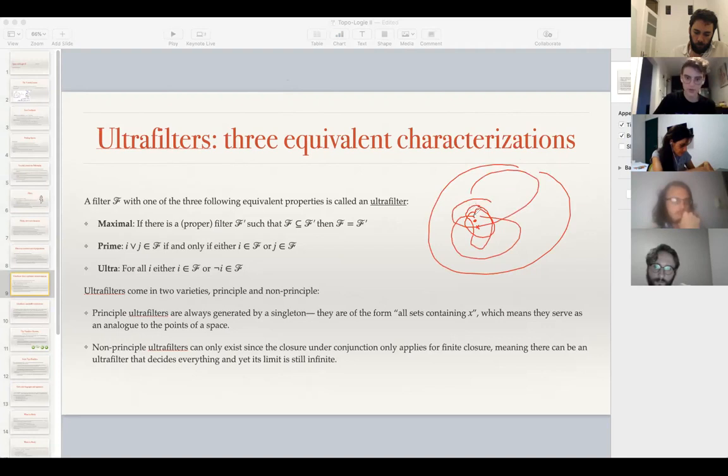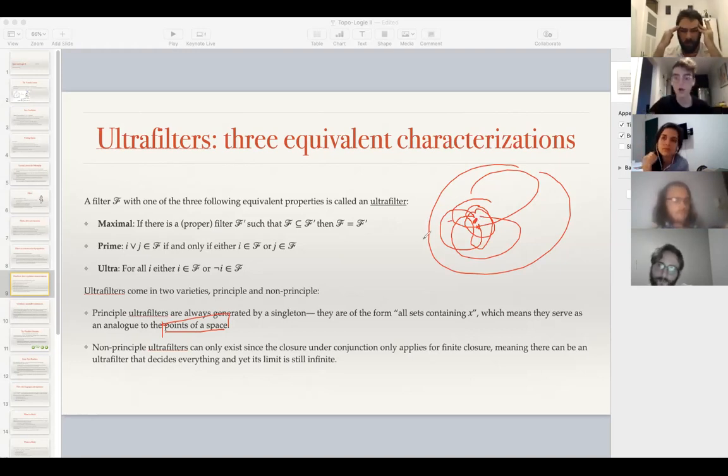Principal ultrafilters are really not that interesting. But there is something notable: a principal ultrafilter is exactly an analog to the points of a space. If we wanted, we could literally replace the points of a space with these principal ultrafilters, and they map one to one to each other.